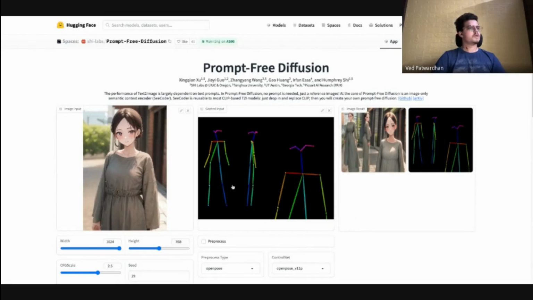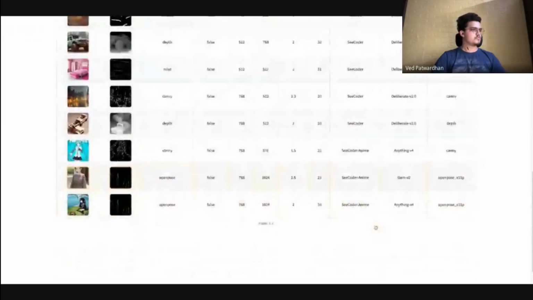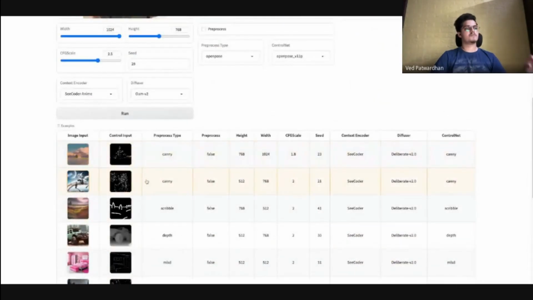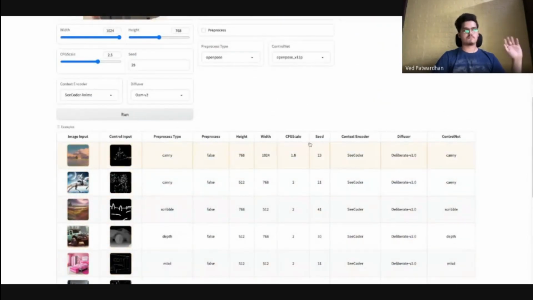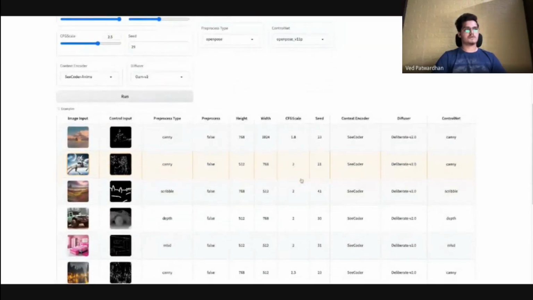So this is the open pose representation of it, and then it tries to use that to generate this image. So basically the idea is you use a reference image instead of the regular prompt which you pass for the other diffusion models for generation.